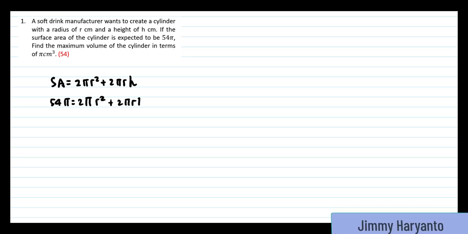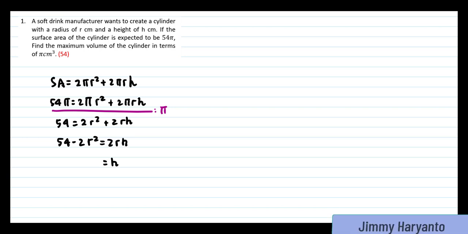We can divide them all by pi, so we will have a simpler equation later. So you will have an equation like this, and then I think you can get the value of h from this equation. 54 minus 2r square equals 2rh.